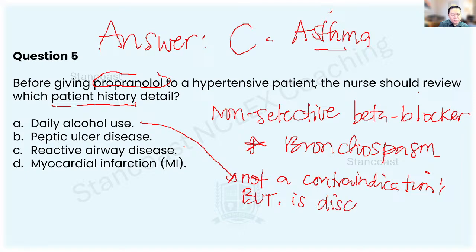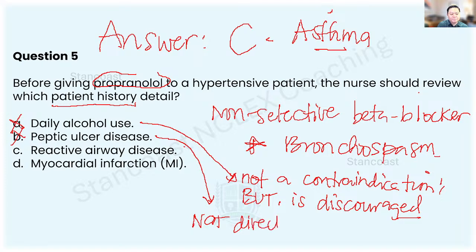We want to educate our patient to cut their intake of alcohol. It's not a contraindication, however, we're going to discourage them from taking more alcohol. What about letter B, peptic ulcer disease? Peptic ulcer disease is not directly affected by propranolol.